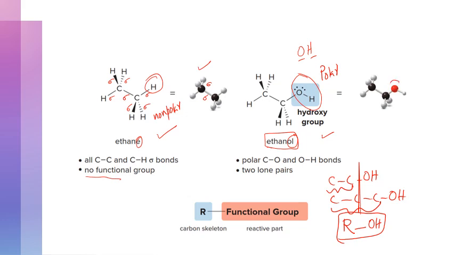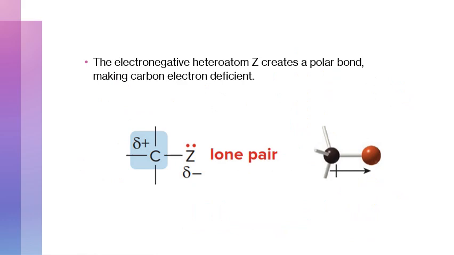In the ball and stick model, we will show that one with a different color here. You can see this. We can revisit this later for more details in another chapter. The Z can be any other atom other than hydrogen. If there is a lone pair and it is more electronegative, that makes it more polar.